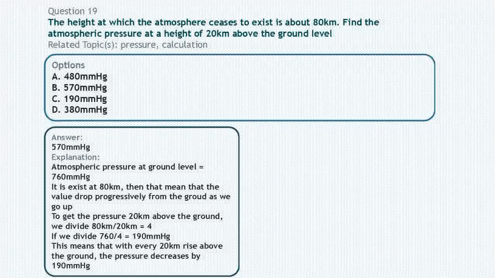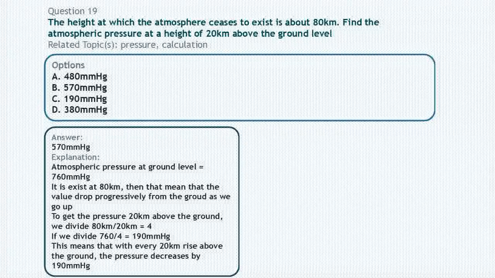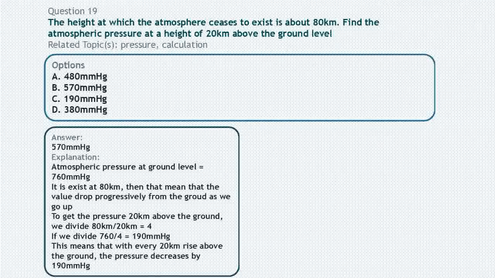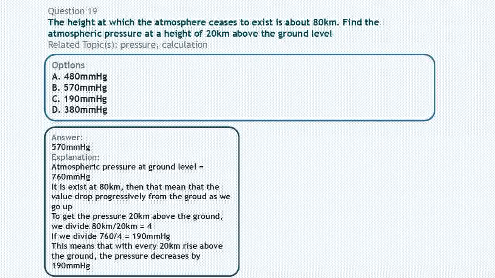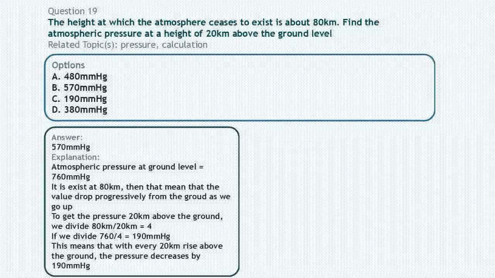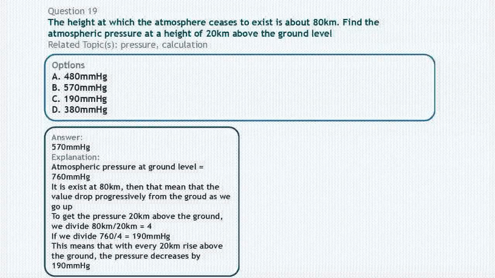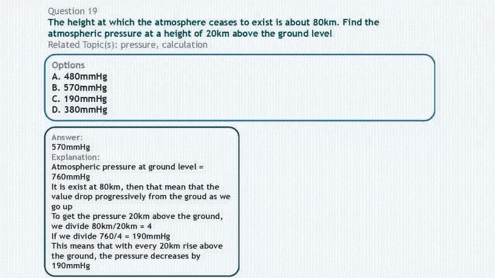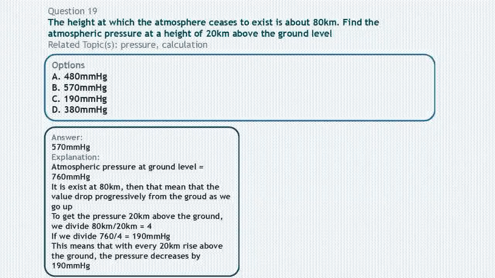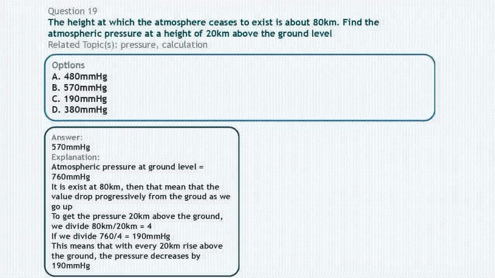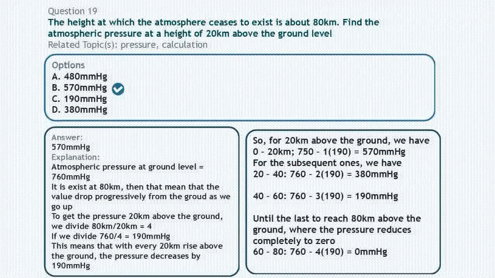Now to get the pressure 20 km above the ground, the pressure from 0 to 80 km is 760. If you look at 20 km to 80 km, that's like 1/4 of that height where the pressure ceases to exist.